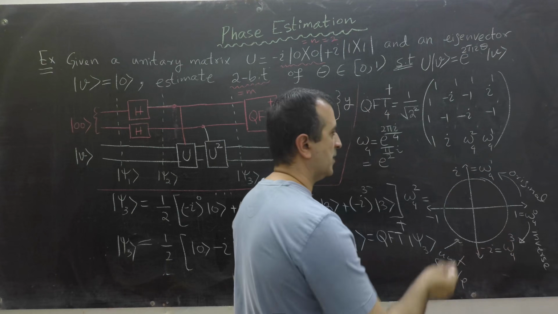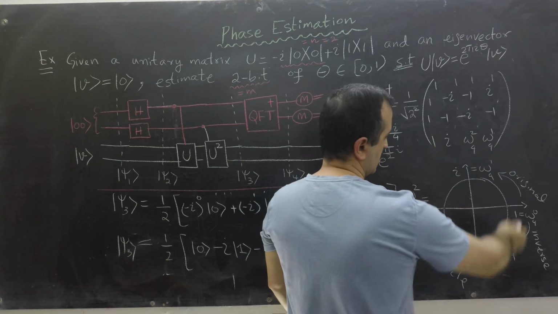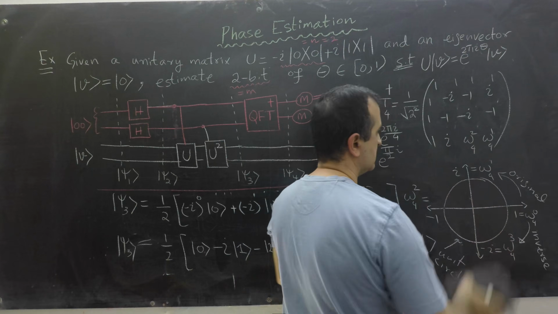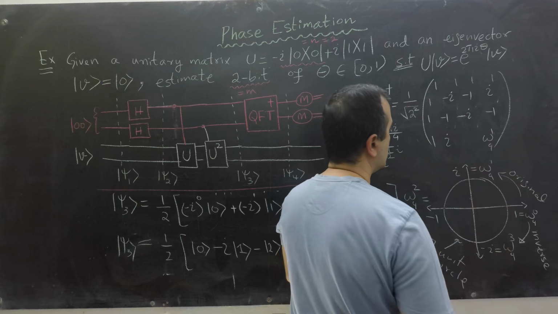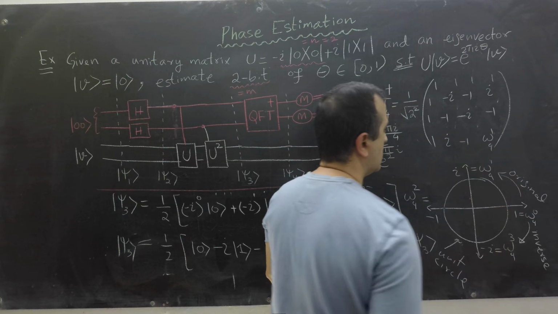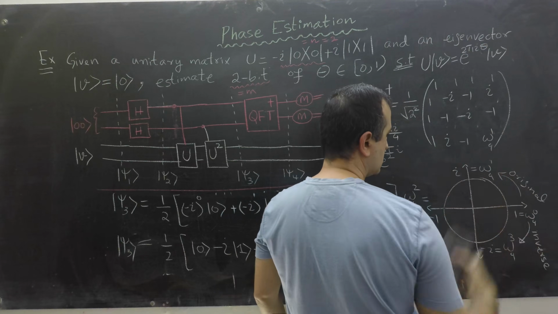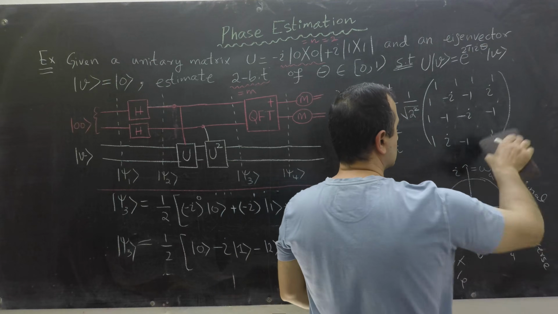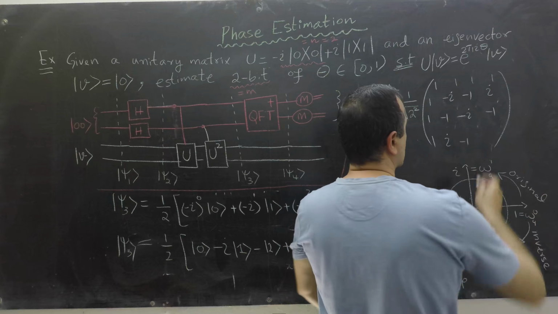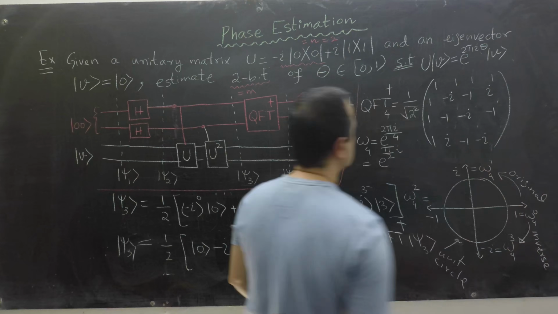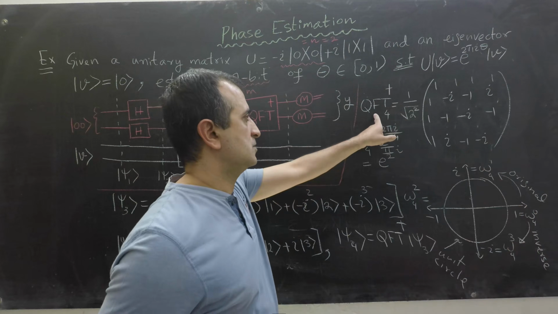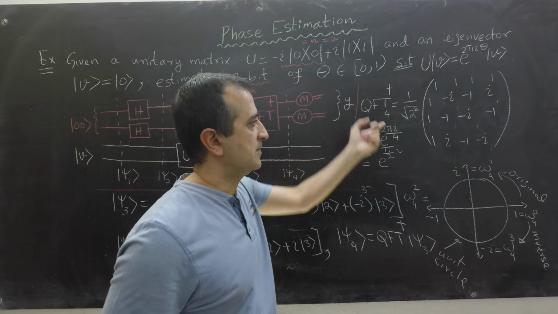Similarly, omega square in both directions is the same, equal to minus 1, and omega 1 in this direction is iota, in the other direction is minus iota, so I will get minus iota here. So this is my conjugate transpose of the quantum Fourier transformation.